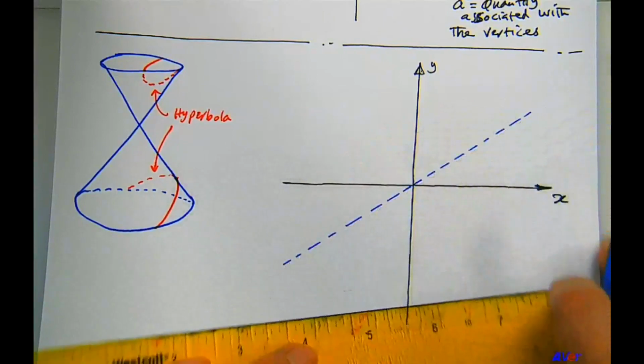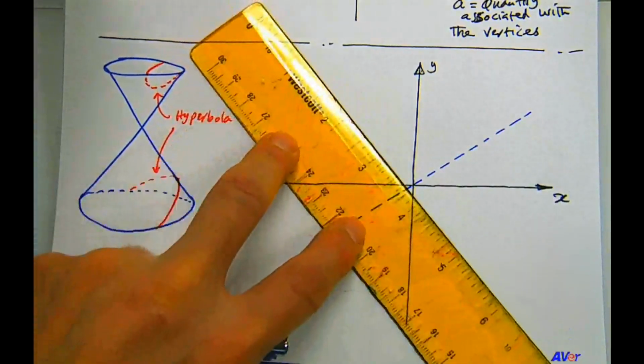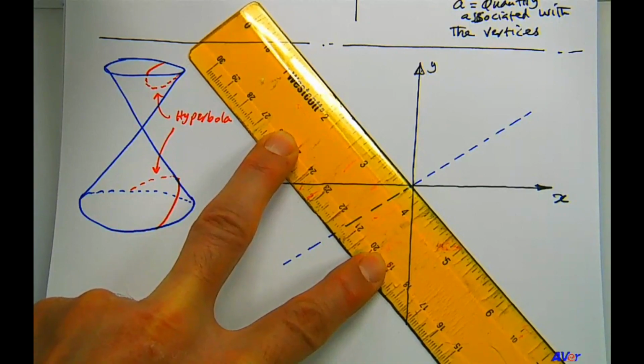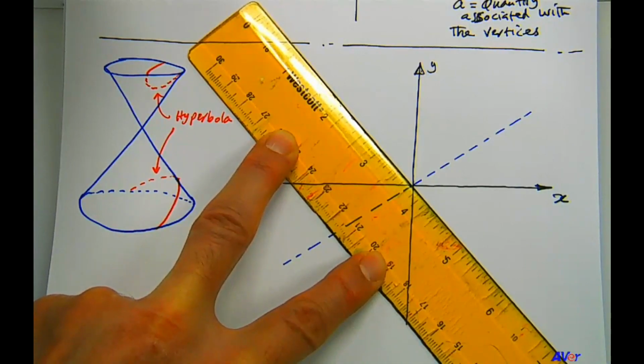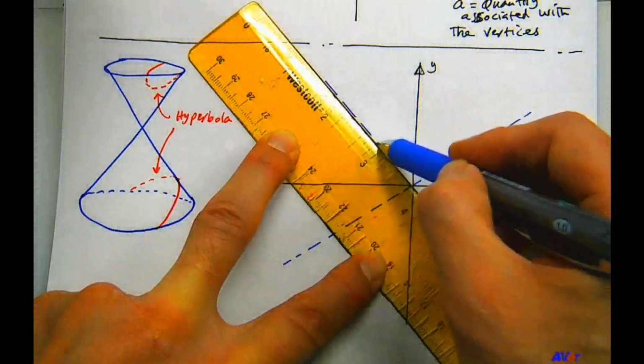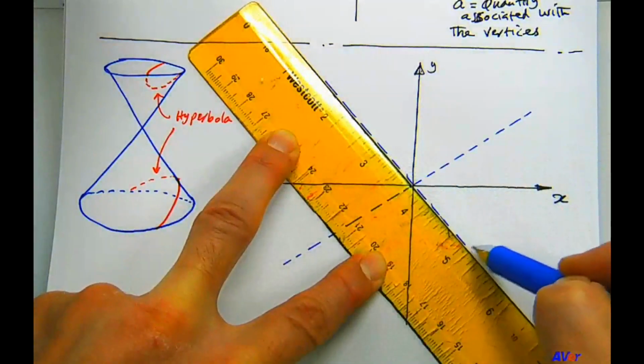Like that, and then another one going like this. Each of these components we will talk about in deep detail in the coming minutes. And so here's another asymptote.